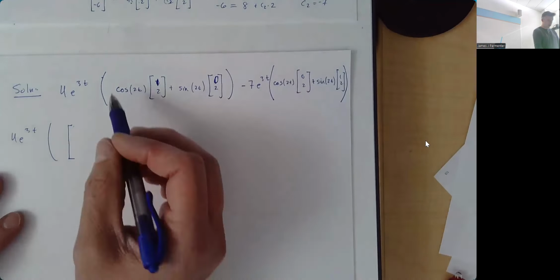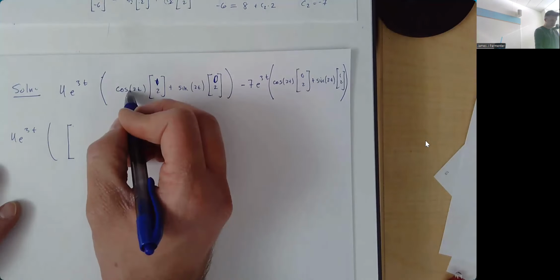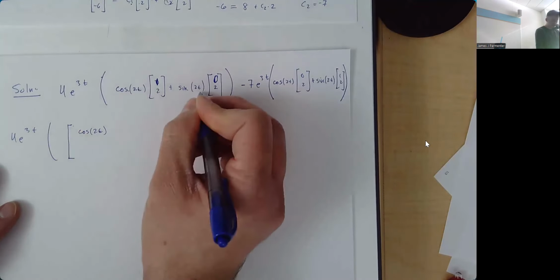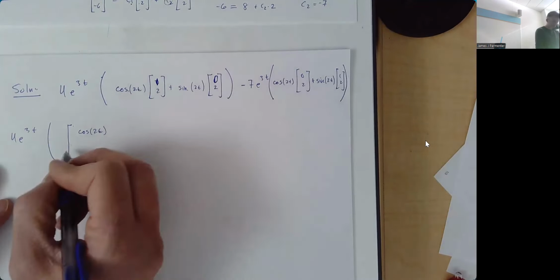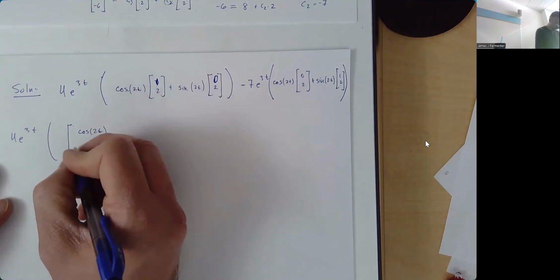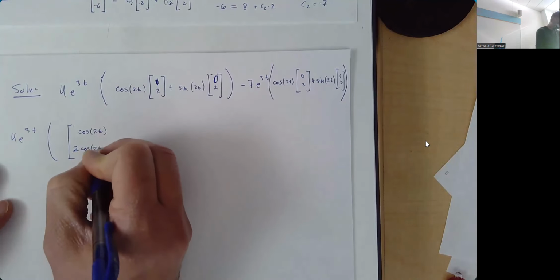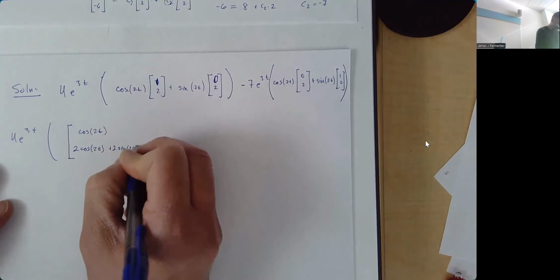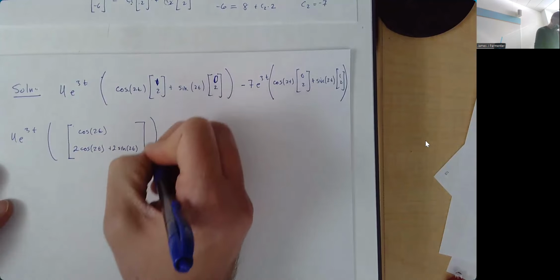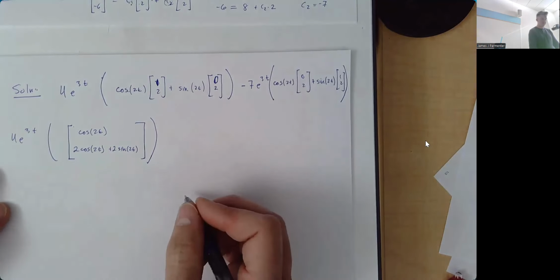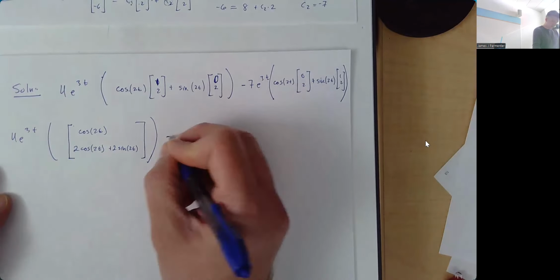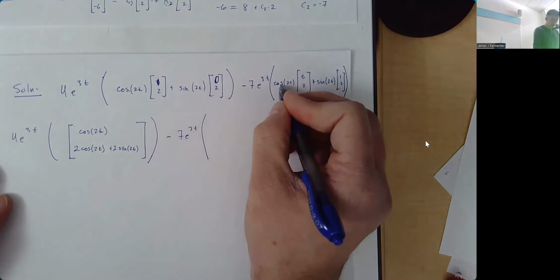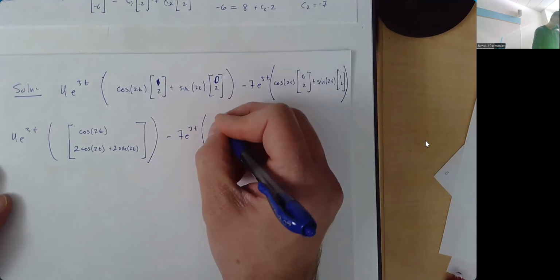Yes, okay. So here we have in the first row cosine of 2t times 1 plus sine of 2t times 0. Let's not write that. And then in the second row, we have cosine of 2t times 2 plus 2 times sine of 2t. Probably don't need the parentheses and the brackets, but oh well. And then over here, same deal, minus 7 e to the 3t times cosine times 0 plus sine times 1.